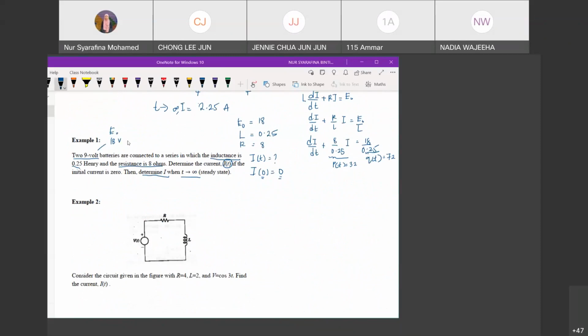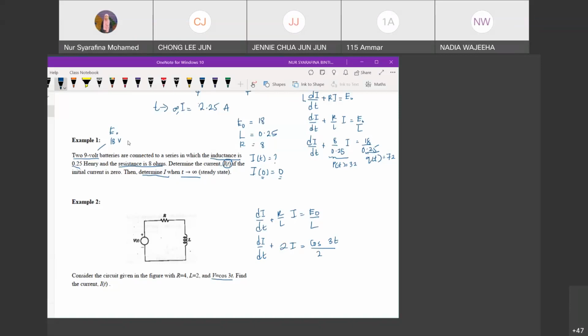Then we have dI/dt plus R over L times I equals E naught over L. This is case 2, where your voltage source is in terms of cosine. The given voltage here is cos 3t. So just substitute everything: dI/dt, R is 4, L is 2, so we have dI/dt plus 2I equals cos 3t over 2.